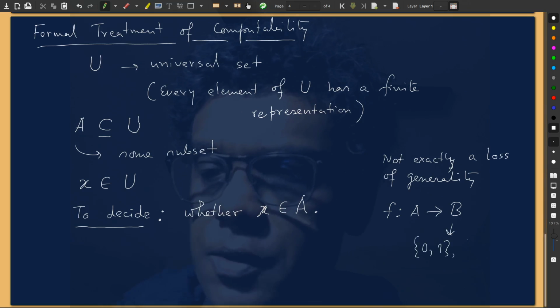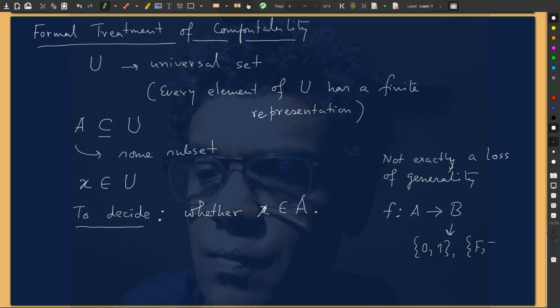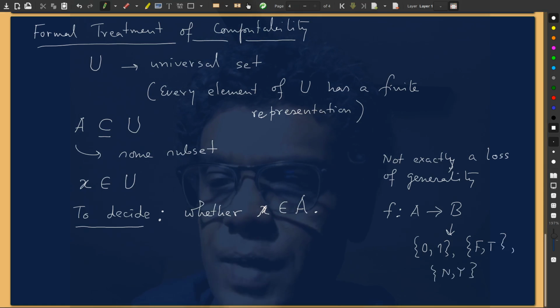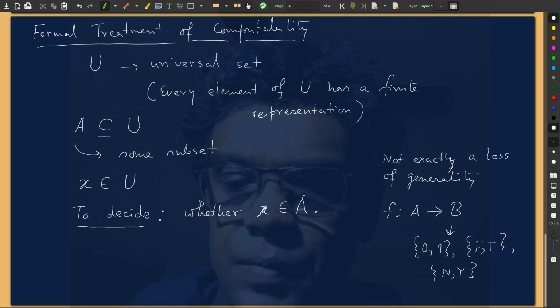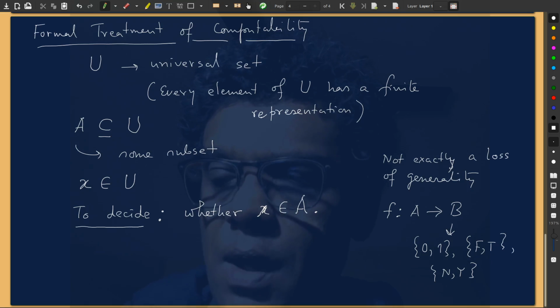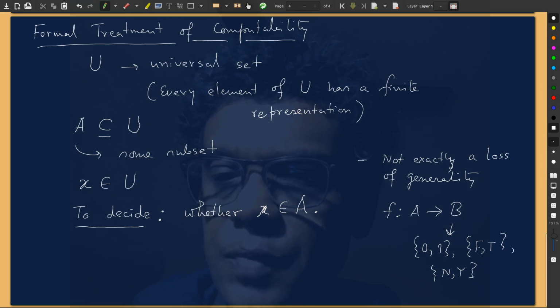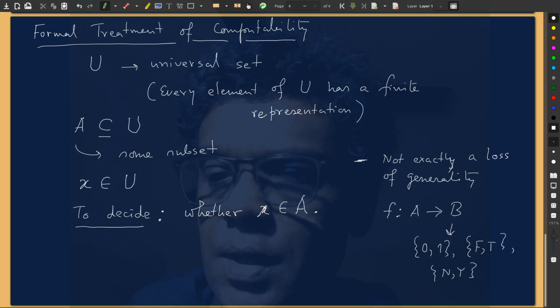Or you may call it true and false, or yes and no, something like that. It's a particular type of functional problem, but still our ability to compute binary valued functions is already good enough to define computations.